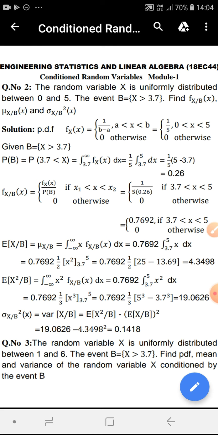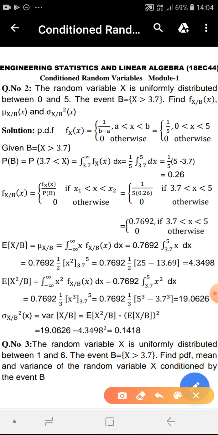Conditioned by B means x greater than 3.7. So x is uniformly distributed between 0 and 5, and x should be greater than 3.7 because conditioned by B. That means x will be greater than 3.7 and less than 5.